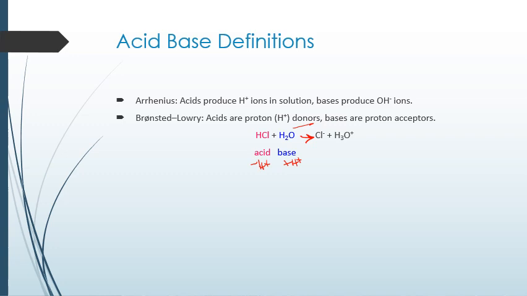We have one other definition that we look at in chemistry for acids and bases, which is the most broad definition that we have for all of them, and that is the Lewis acid-base definition. For the Lewis acid and base definition, this is based off of the transfer of electrons.